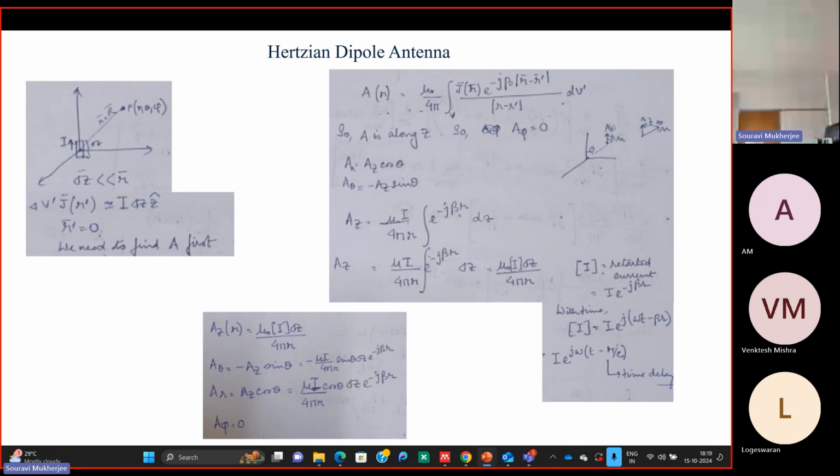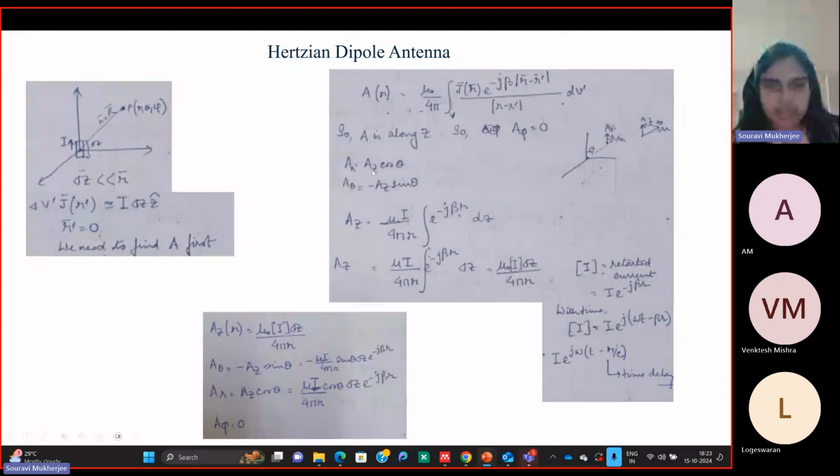Now, if we want to move from the rectangular coordinate system to the spherical coordinate system, we know that if your vector is along Z, there is no component in the phi direction. So your A phi goes to 0. Once you do the transformation, you can write the radial and the theta components as Az cos theta and minus Az sin theta.